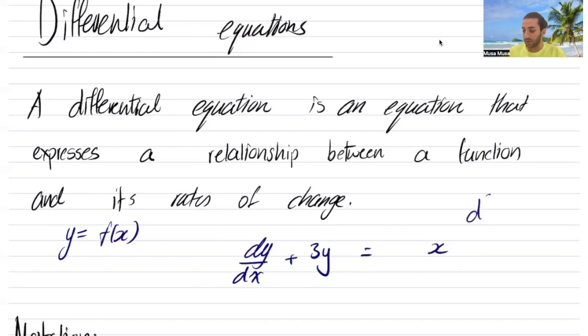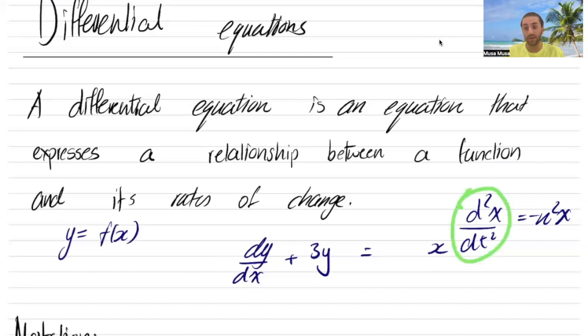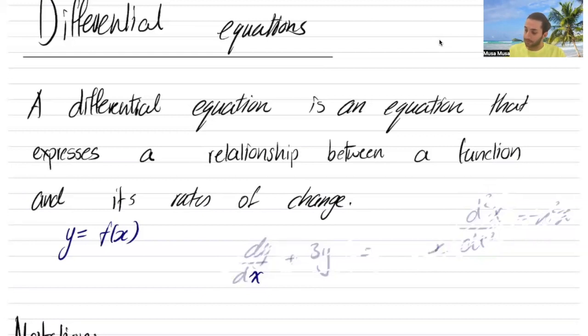I think the differential equation for that is d squared x on dt squared equals minus n squared x. So it's telling us the second derivative of x is actually equal to minus n squared x.